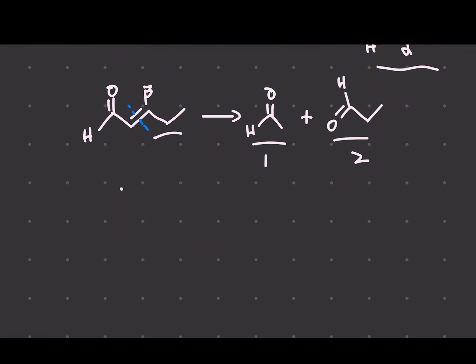It also works on ring structures. So if we were to have something that looks like this, in order to get back to the starting materials, all we gotta do is cut this at the double bond, the alpha beta double bond, and it's going to give us back our starting materials, which are going to look like this.